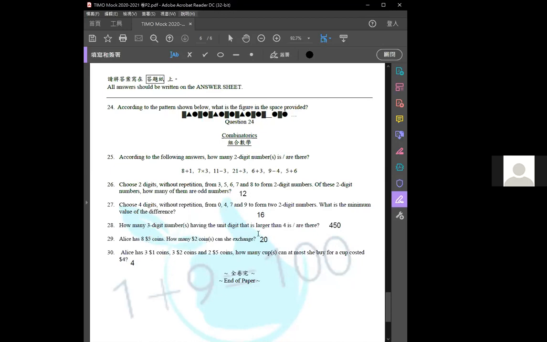For question 30, she can exchange coins, and then has three $1 coins, three $2 coins, two $5 coins. That means in total it is 3 plus 6 plus 10, that means 19. 19 divided by 4 is 4. Although there's a remainder, the remainder is not important here. We just want to know how many cups she can buy at most.